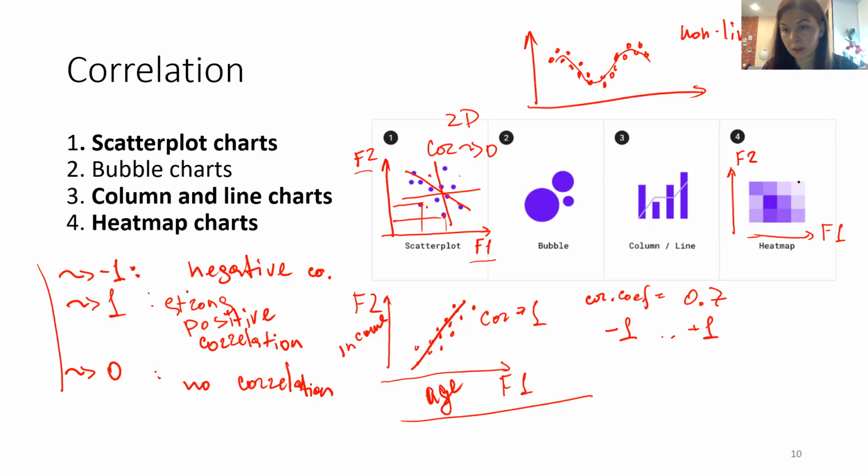For example, white squares mean that here we have 0 patients in this range of our features, yes. But here we have, for example, 10 patients with some weight and some sugar level, yes.